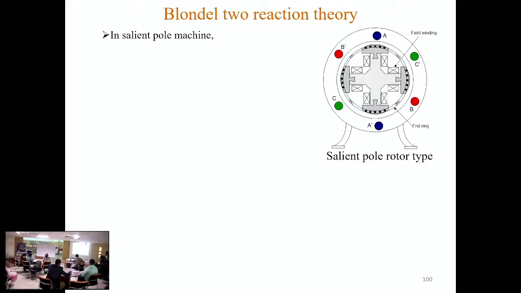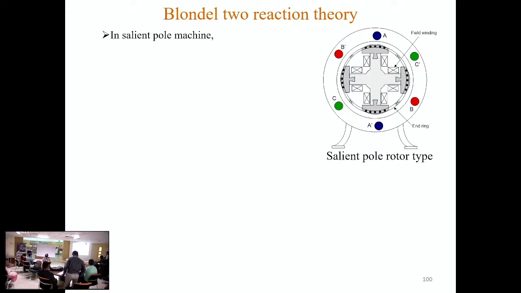This rotor will acquire the position here, so the air gap length will be lesser. When it passes and comes under this section, the reluctance will be different.